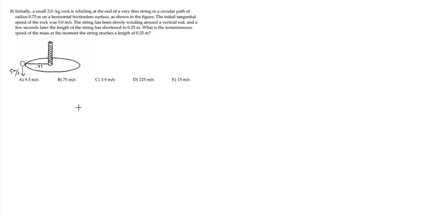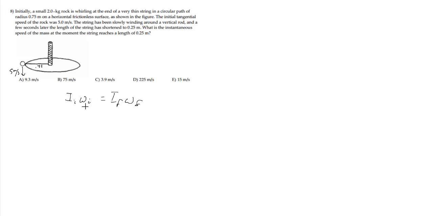So what we have to do first is, this is going to be a momentum problem because angular momentum is going to stay constant for this problem. So we have I initial omega initial is equal to I final omega final. So we know our initial tangential velocity, so we have to be able to plug tangential velocity into here.